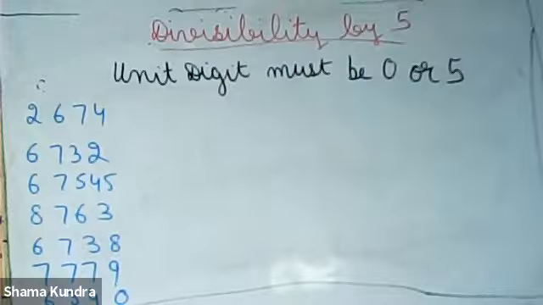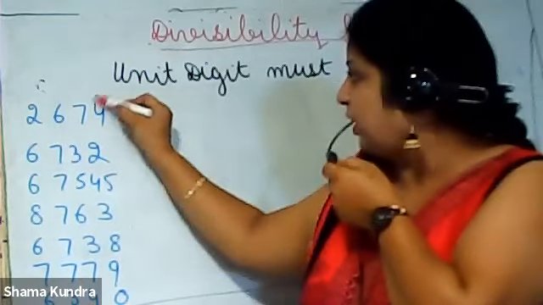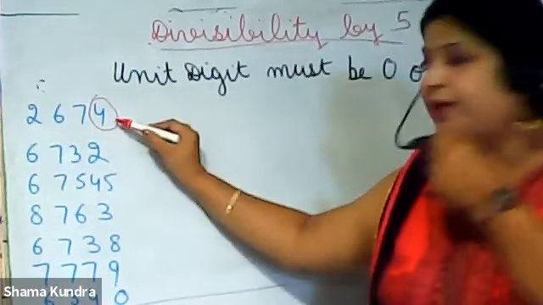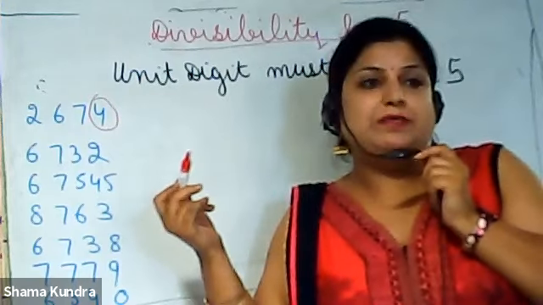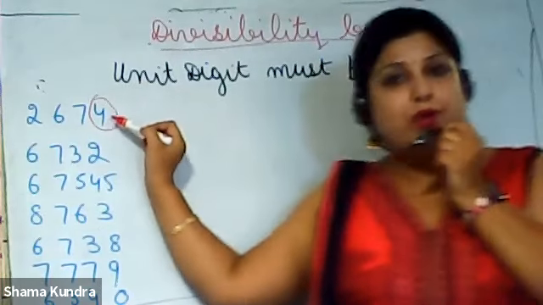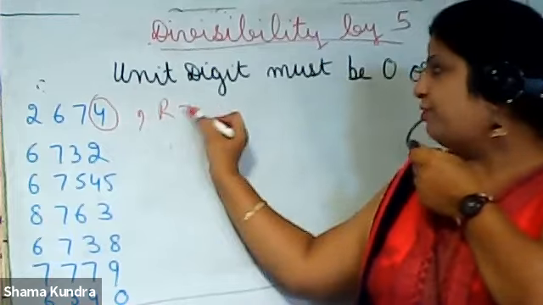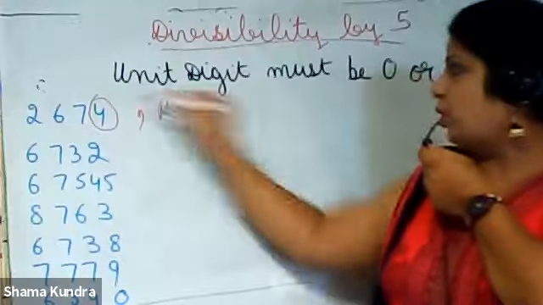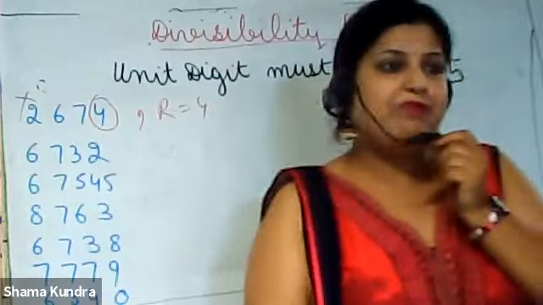In these examples, first of all, I consider the first example. In the first example, I have to see only the unit digit. Here, the unit digit is 4. But according to the rule, the unit digit must be 0 or 5. Here, it is neither 0 nor 5. If we divide this number by 5, the remainder will be 4. So, the given number is not divisible by 5.